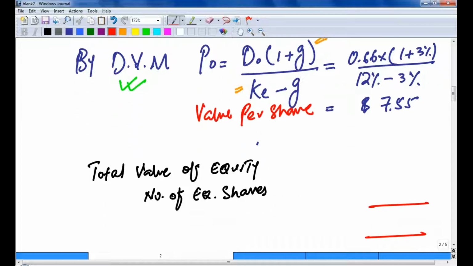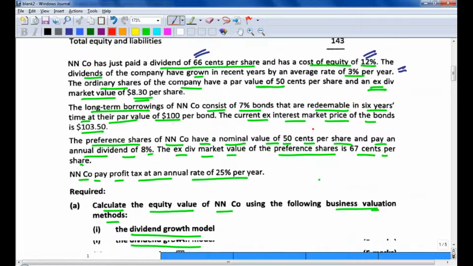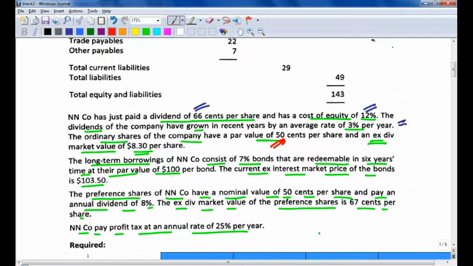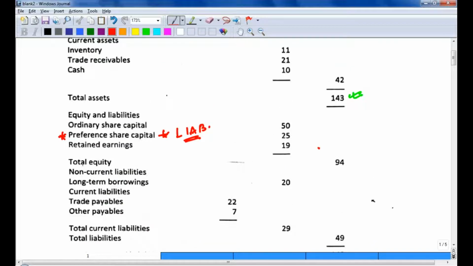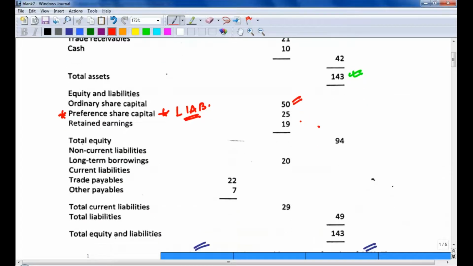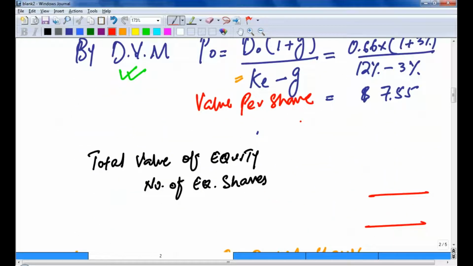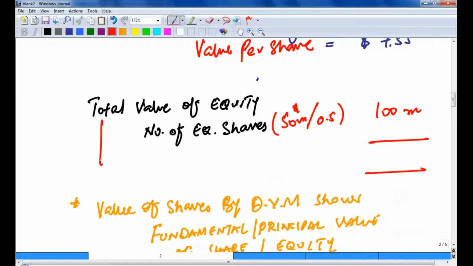Now, the total value of equity. Company's number of equity shares. Here the question mentions 50 cents par value, 50 million total value. 50 million dollars divided by 0.5 is 100 million shares. 7.55 into 100 million means total value of equity is $755 million.